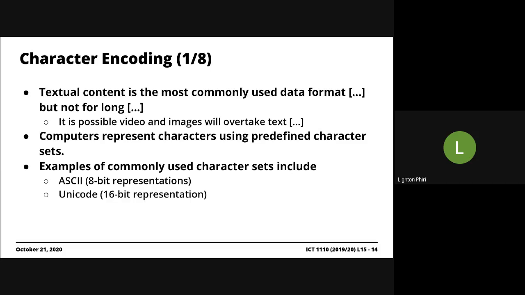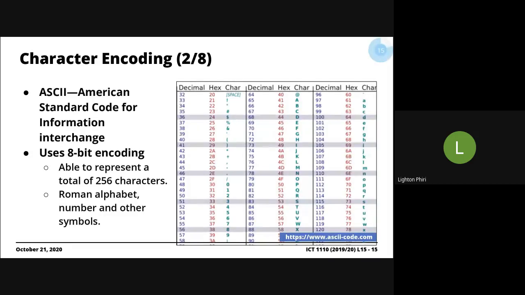So we latched on to a specific character set, that's the ASCII encoding scheme, and we discovered that each of these individual characters that we use to create complex data or text content, like when you're writing an assignment, are essentially based on an encoding scheme that uses 256 characters as a basis, right?